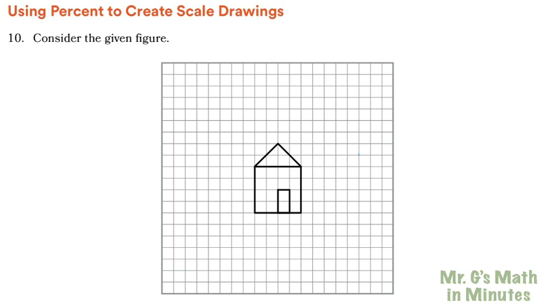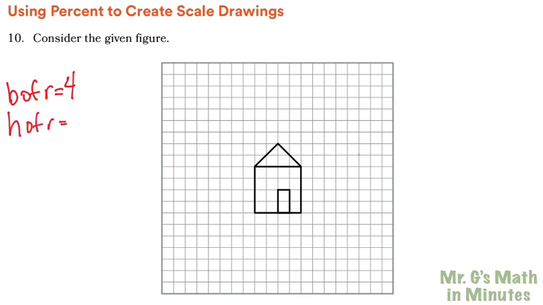So there's some numbers that I'm going to need to be able to do this. First off, I would like to know the base, and I'm going to put some letters right here. You got to remember what they are. So the base of my roof goes 1, 2, 3, 4. So the base of my roof is a 4. I need to know the height of my roof.